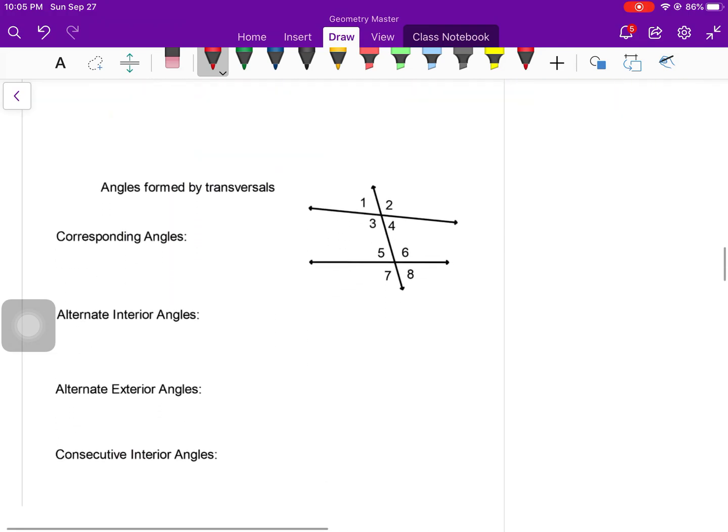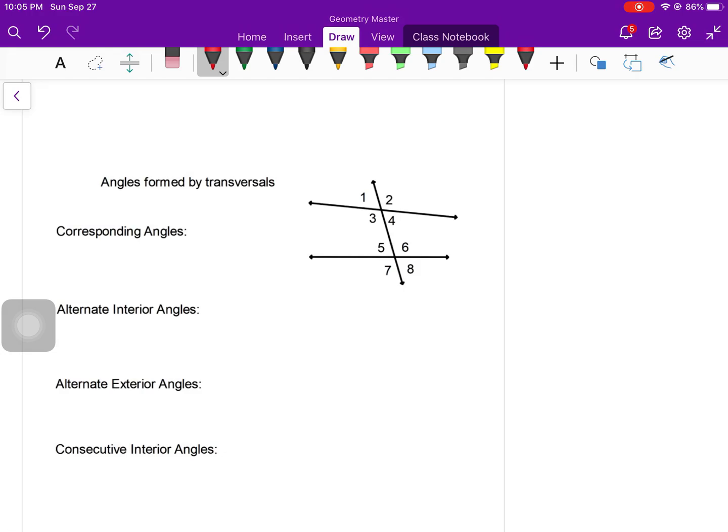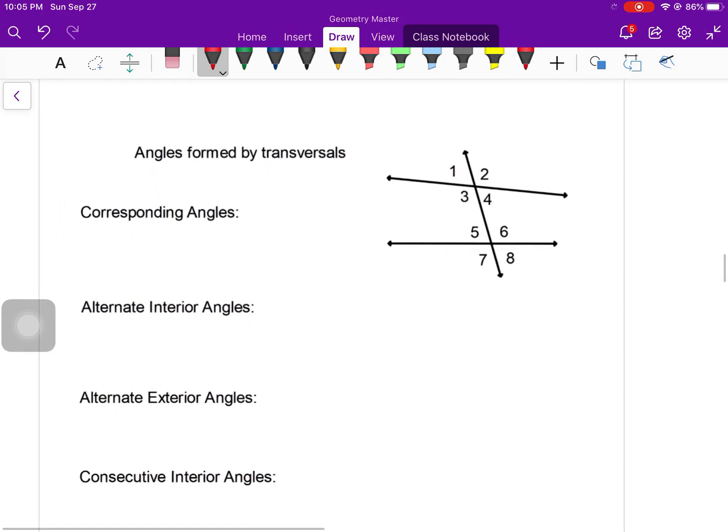Right there. Okay. So there are a whole bunch of different angles formed by transversals. So for all of these, I'm going to say that we are going to pick from a different group of four. And you'll see kind of what that means here in just a second.